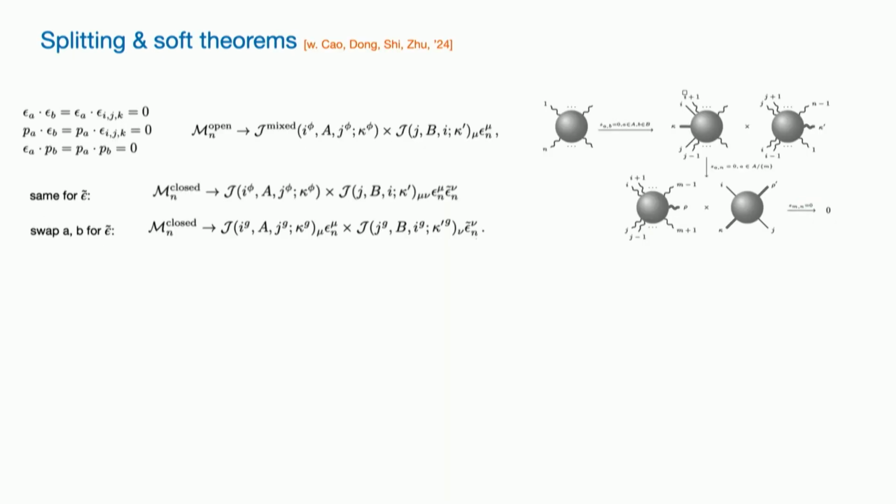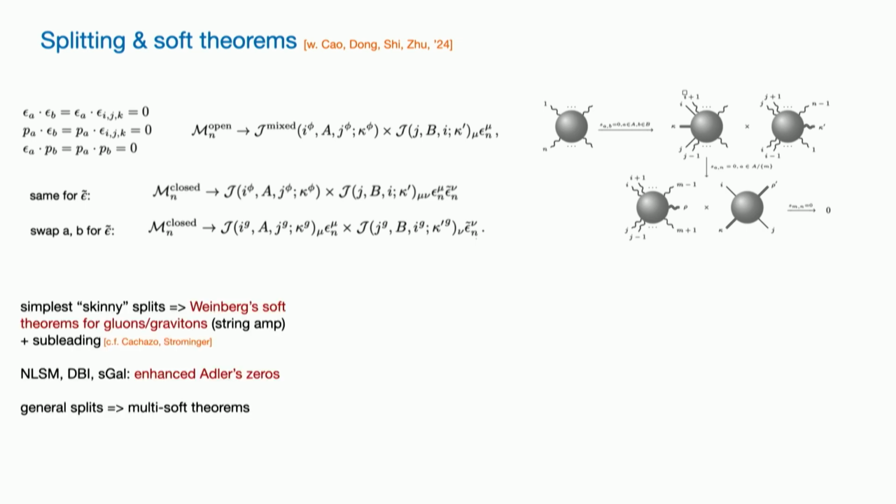But I just want to mention one more thing: when you apply it to spinning particles like gluons and gravitons, there's a very beautiful splitting of the bosonic open string or closed string, either in the bosonic or superstring case. Because here everything is tree level, it's very easy to study also the superstring, where this simplest splitting, where we send only the smallest number of Mandelstam sums to 0, already implies the soft theorem, either for gauge theory or gravity.